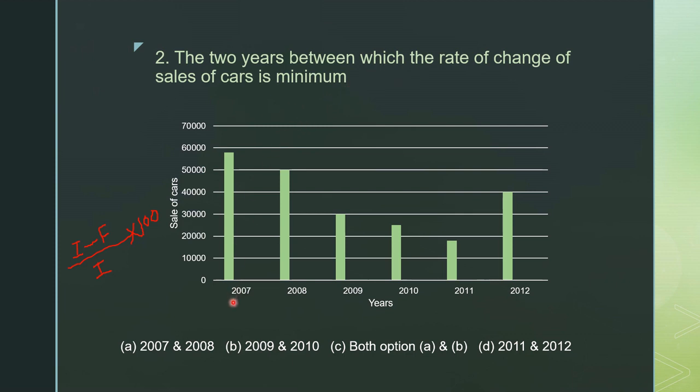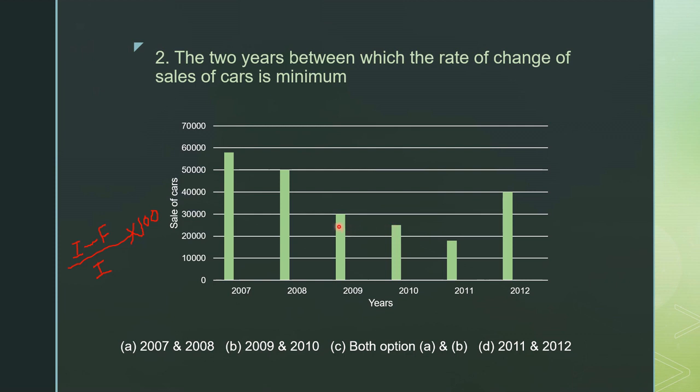In 2007 the initial value is 58,000. In 2008 the final value is 50,000. So the rate of change is 8,000 divided by 58,000. In 2009 the initial value is 30,000 and in 2010 the final value is 25,000.